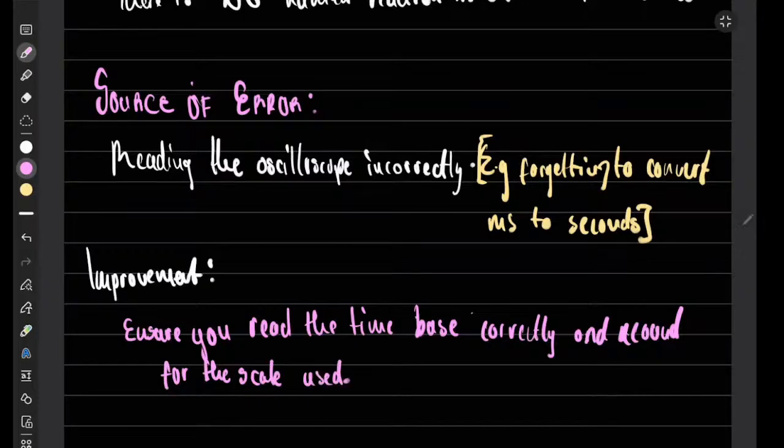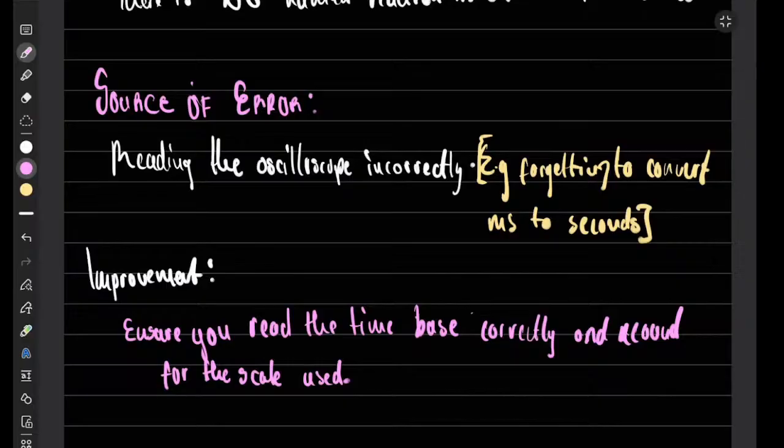Whatever scale, if they're using milliseconds, make sure you convert to seconds. That's what we mean by account for it. Am I being heard? Be careful. Students, be careful, please.